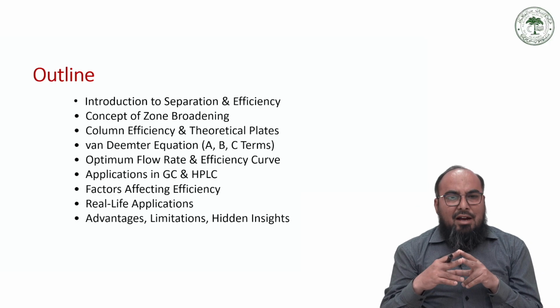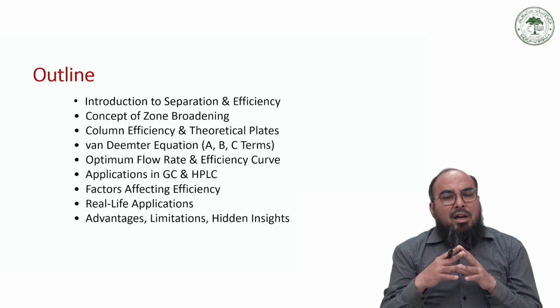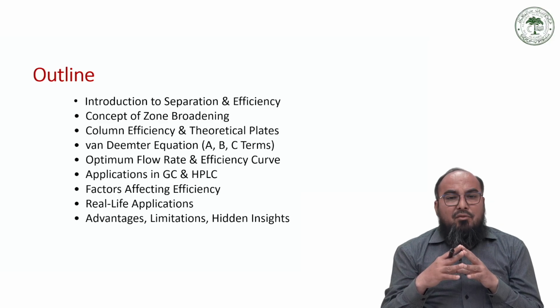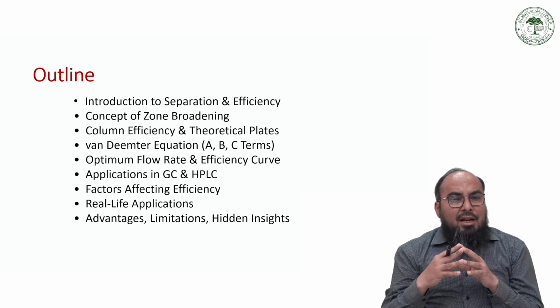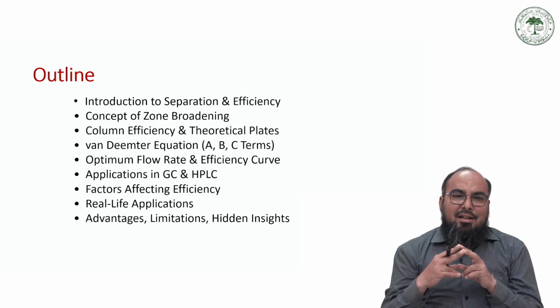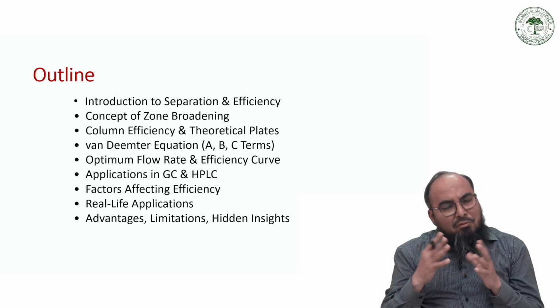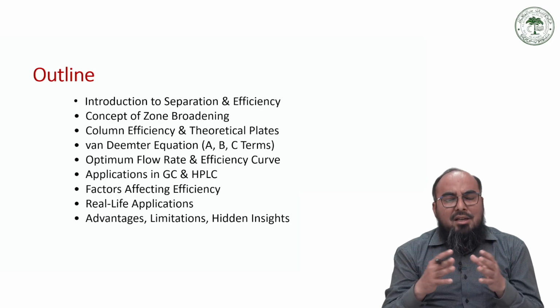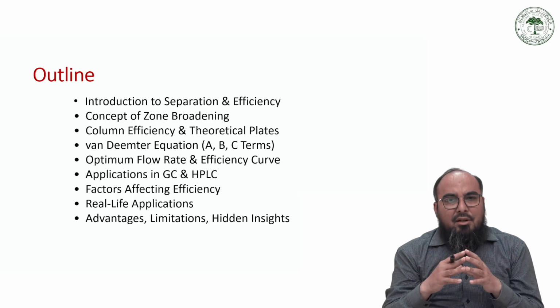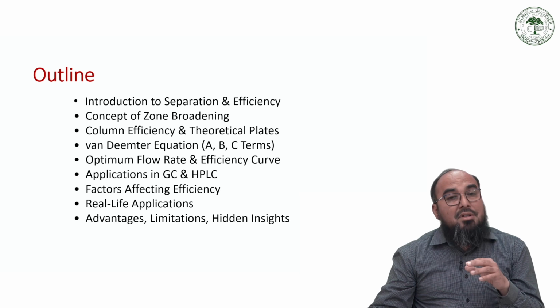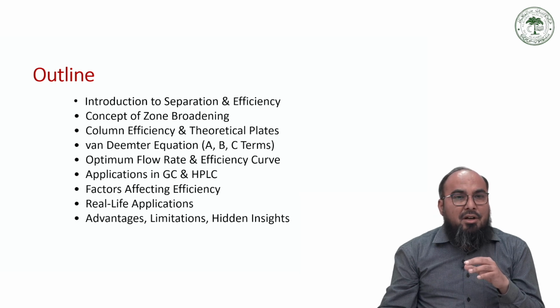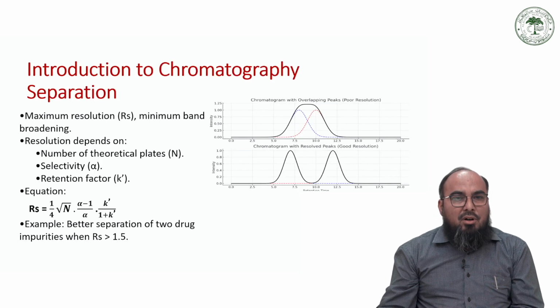After that we will study, one by one, certain factors which affect column efficiency, then some real life applications, and at the end the advantages, the disadvantages and some key points which are very important and very interesting. So let us begin our journey of zone broadening.